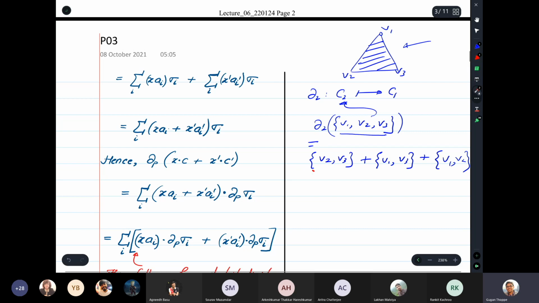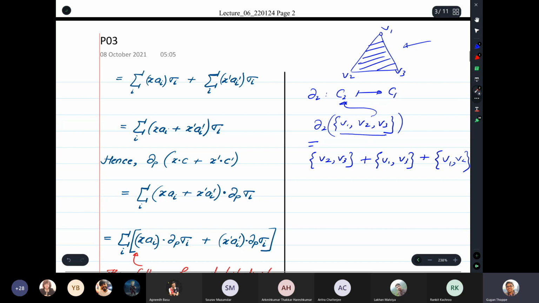faces, right? So in this sense, if you give a p face as input to daba p, the output will be the combination of its different p minus 1 boundary faces, right? So if you give a two face, the output is the combination of the different one faces, which are the boundary of this two face.